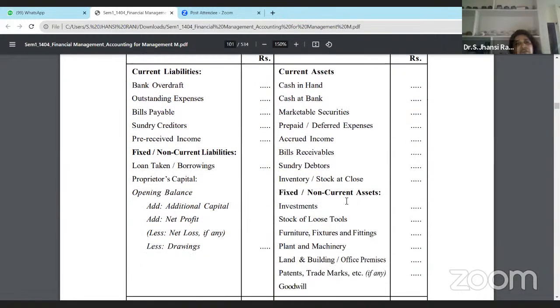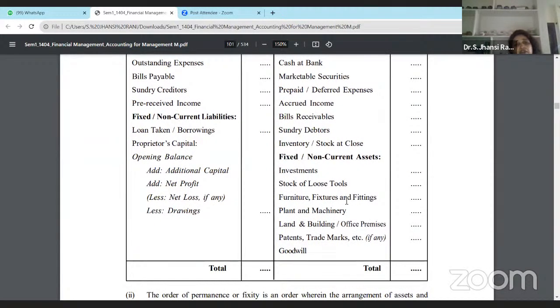Next, we have non-current or fixed assets. These assets will be there with the business for a longer period, more than 12 months. For example, in our stationery shop example, the Xerox machine, we will not purchase a new machine every 1 year. The Xerox machine will be there for us for more than 10 to 15 years, depending on how you are using that machine. Next, furniture, whatever bookshelves are there, will not be changed every 6 months or 12 months. It will be there with the company or with our shop for 10, 15 or 25 years, sometimes more than 30 years also.